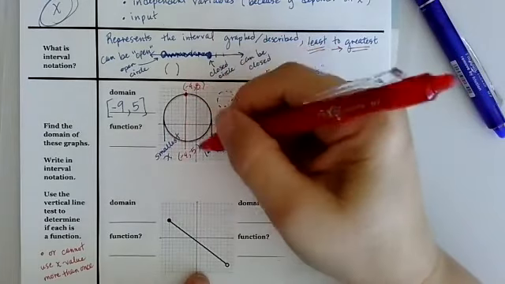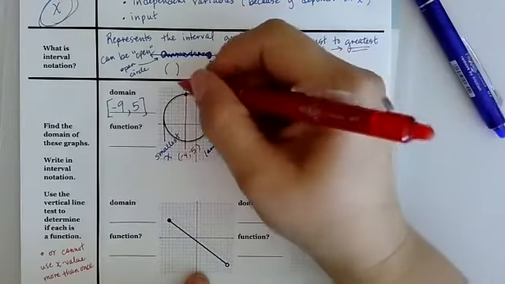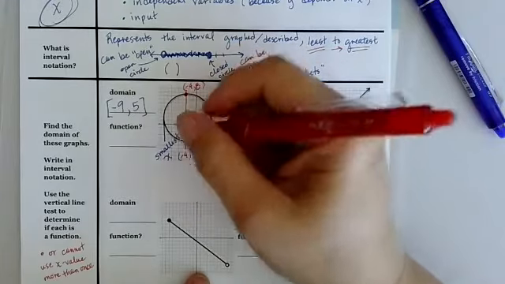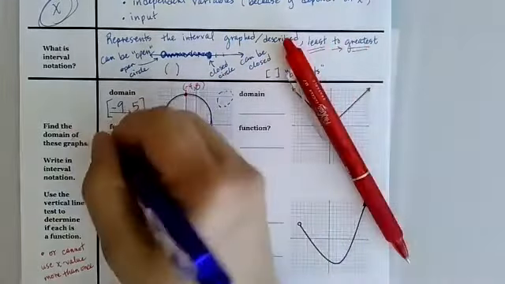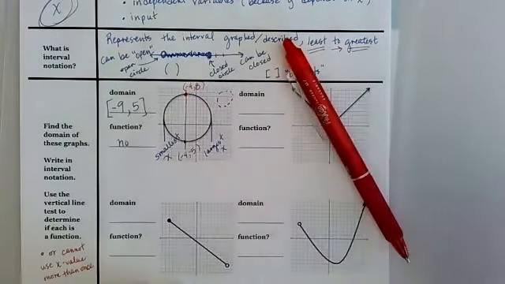So because I have x's that are used for more than one y value, or because if I draw a vertical line through my graph, it touches my graph more than one place, it's not a function. So either way you want to do that.